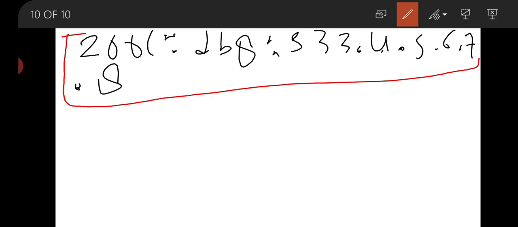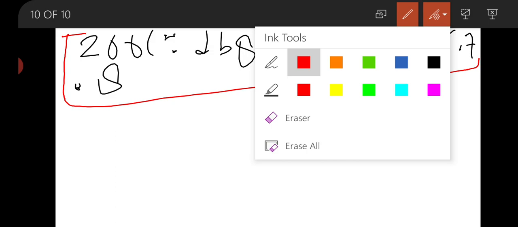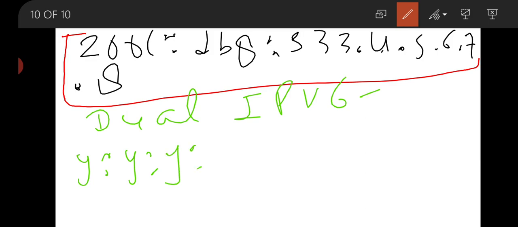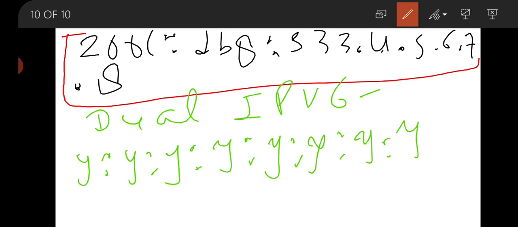Now if we talk about the IPv6 dual format, this is the combination of y's, and then it is followed by x dot x dot x dot x.